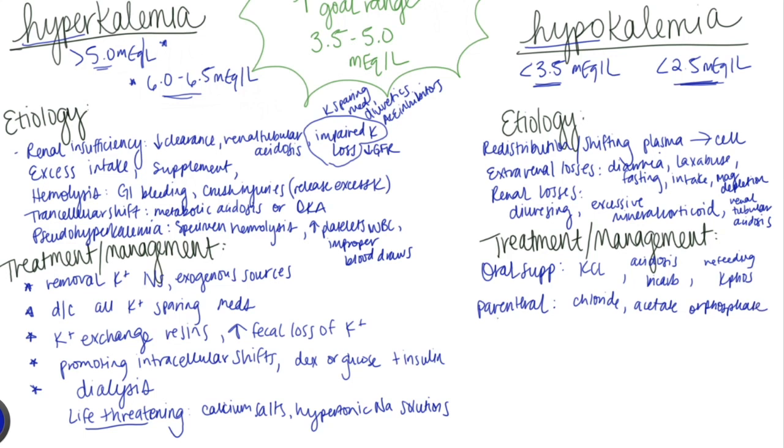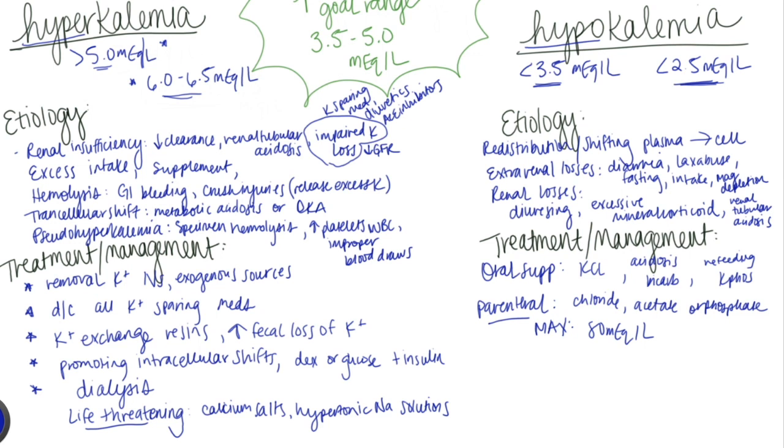So note that when you're doing any kind of parenteral potassium administration, potassium can be pretty irritating to the veins. So pretty much a max value for infusion is going to be about 80 milliequivalents per liter for peripheral administration.